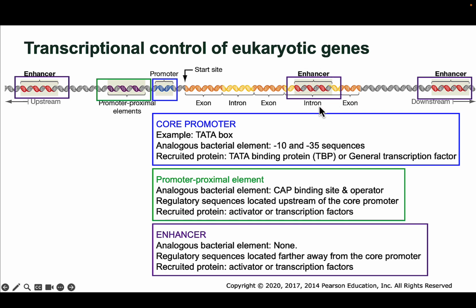So these enhancers can be virtually anywhere. They can also flip orientation, from 5' to 3' and then over to 3' to 5', and this will not change their function at all.